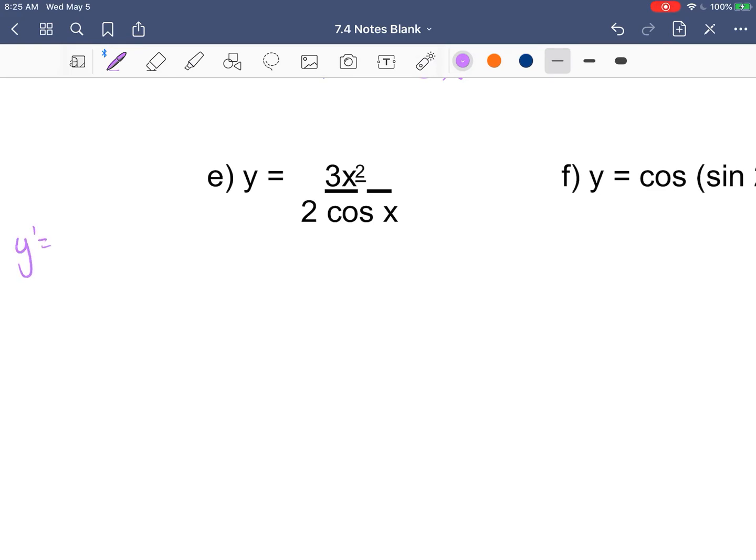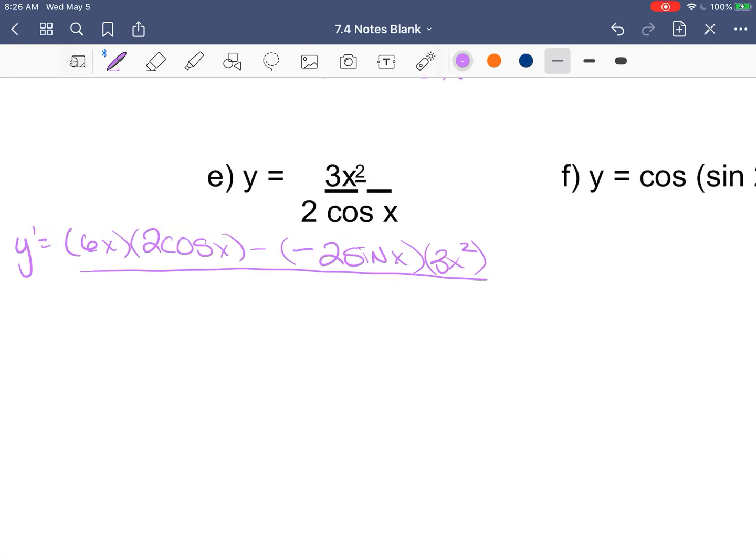So if you remember, which I sometimes hardly do, our derivative is going to be the derivative of the top, so 6x times the bottom, 2 cos of x, minus the derivative of the bottom, so negative 2 sine of x times the top, all over our denominator squared.